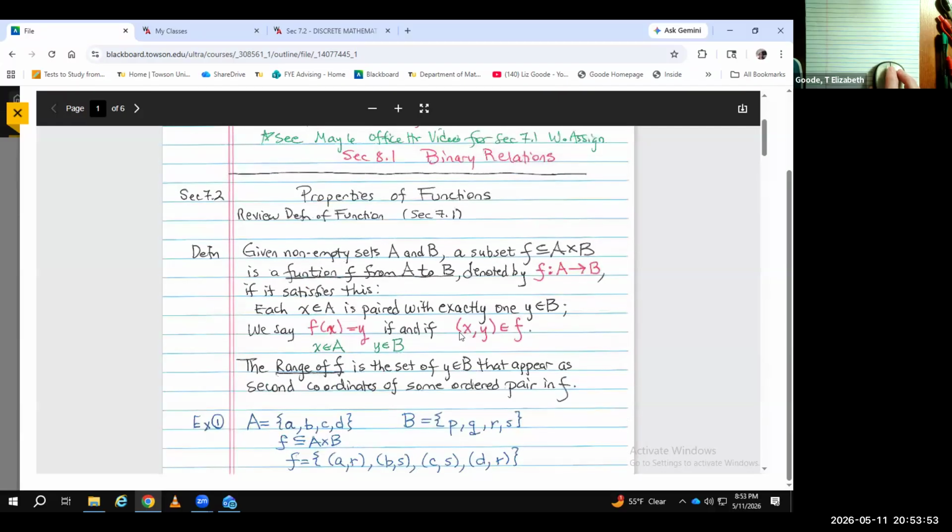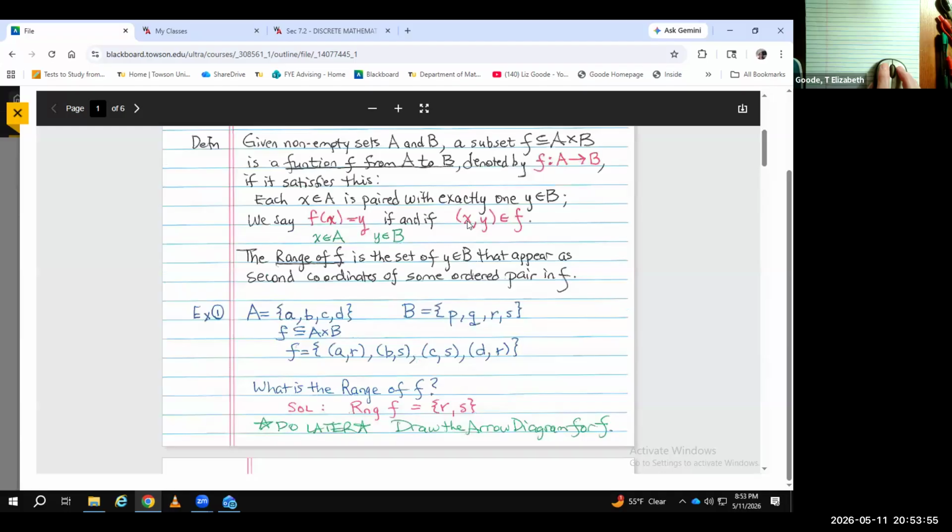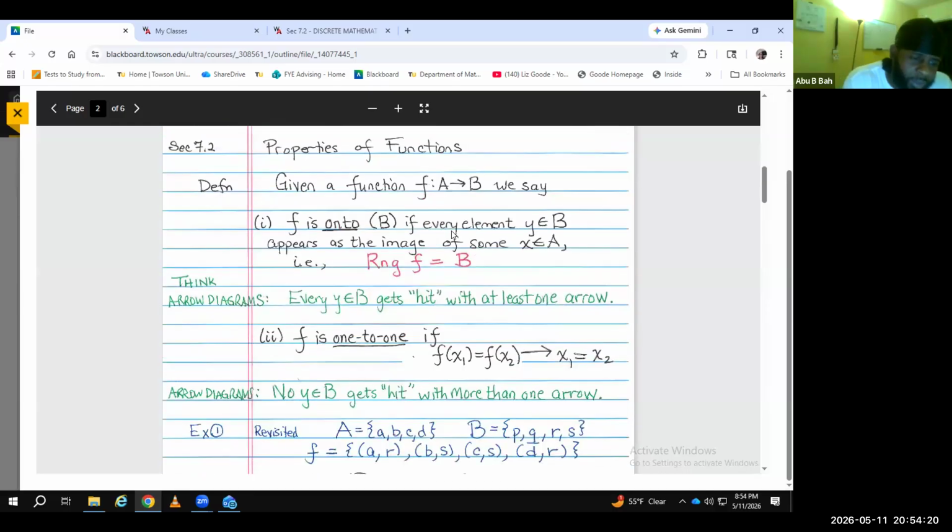The ordered pair x, y: well, y is the f of x. So we could write this ordered pair x comma f of x because y is equal to f of x. Y is the image of x under f. The second coordinate is the f of x value. Does that make sense? Okay, yes.